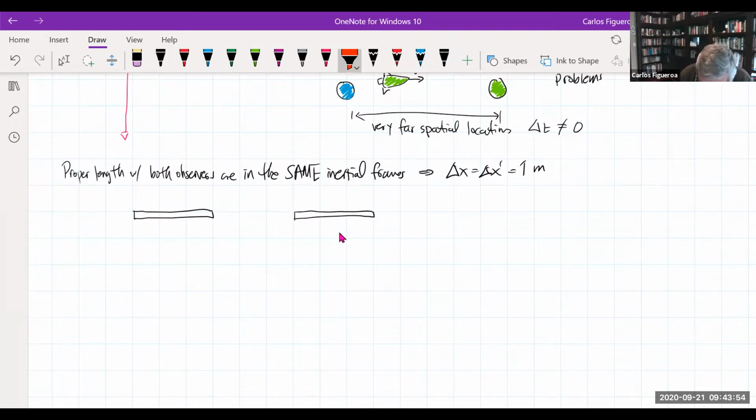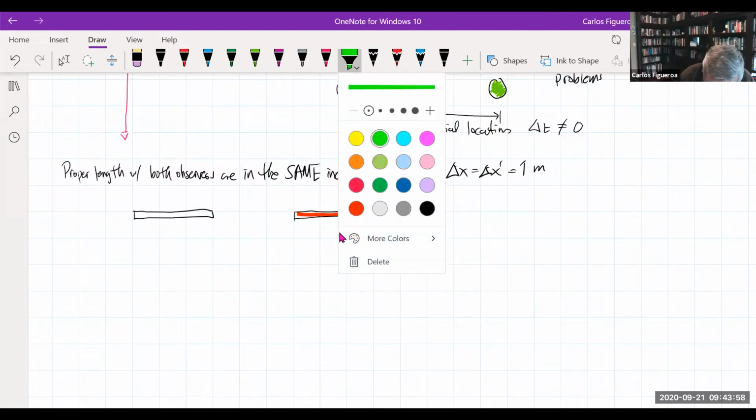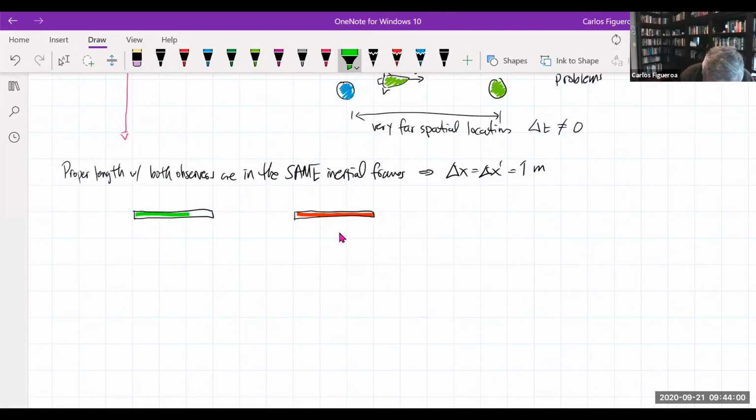So if I'm thinking about, let's say, Juan's meter stick versus Maria's meter stick, right? We're saying that in this case here, I'm going to call this x1 prime. I'm going to call that x2 prime. I'm going to call this x1, this x2. So when I make these measurements, that means that I have a space measurement. By the way, I should be a little bit more careful. Maybe I should put times here.